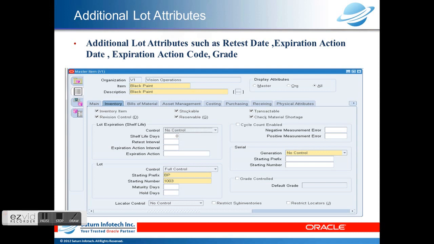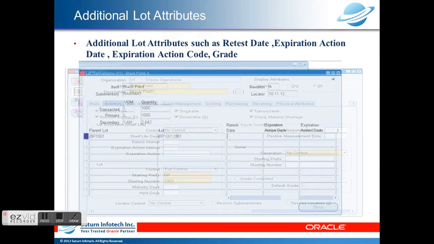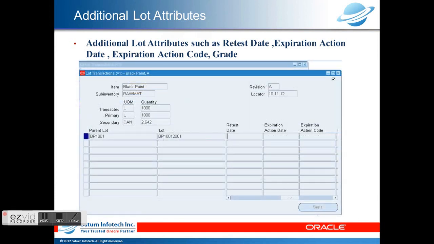Based on this setup, the lot attributes get default values, though we can override those values on the lot form while we are creating the lot. Here is the lot form, where you can see the retest date, expiration action date, and expiration action code.